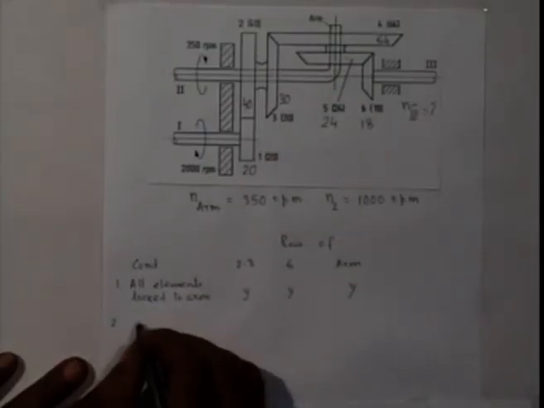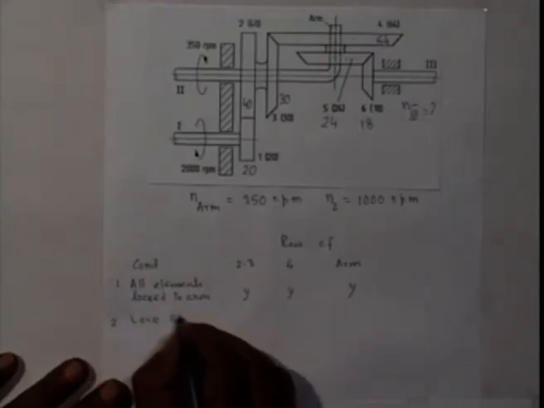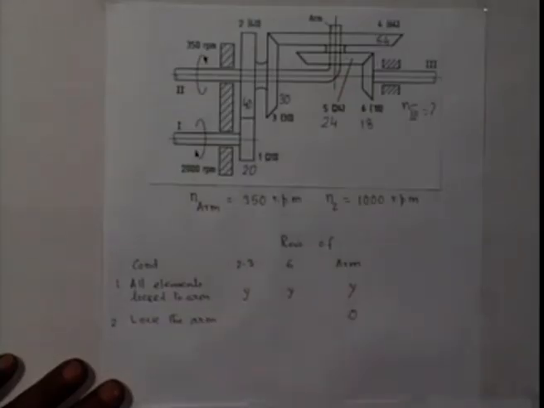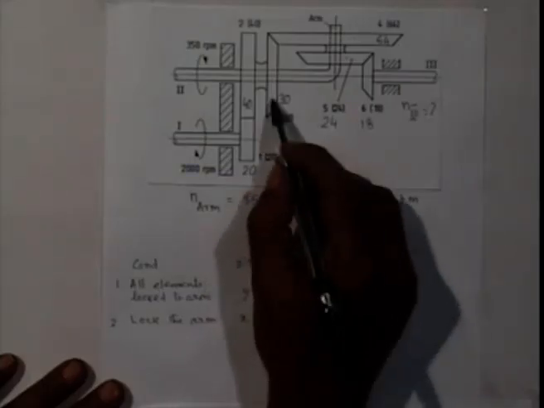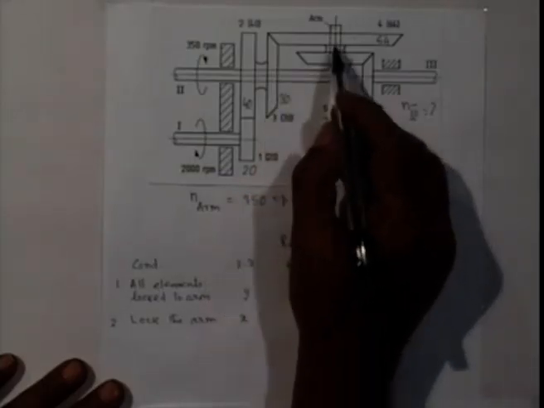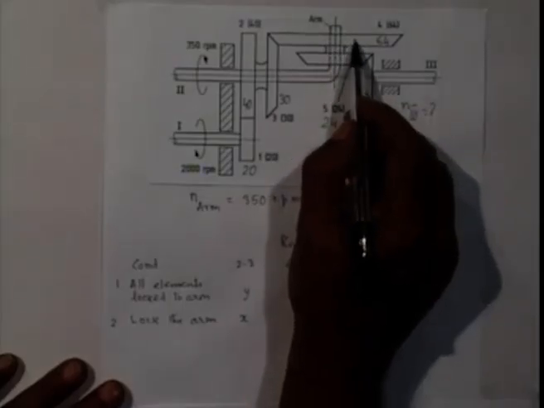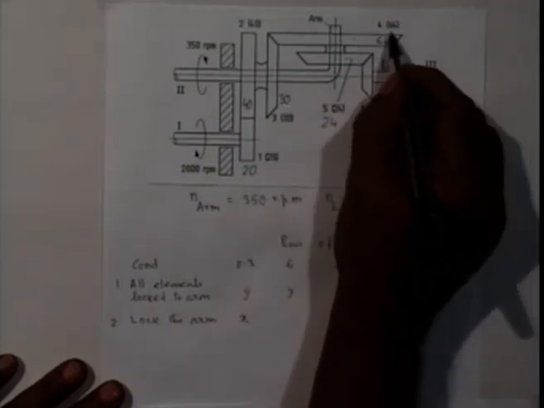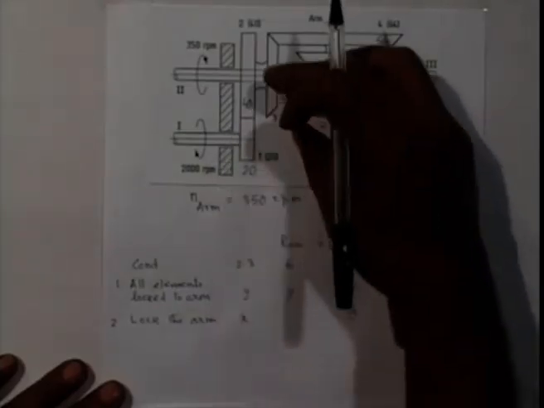Here we write lock the arm, the arm is given no revolution, and if I give x revolution to 3, then 4 rotates due to gearing action, which is 30 by 64 into x. If it is rotated in this direction, then it goes in this direction.